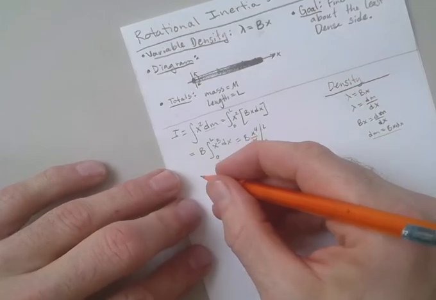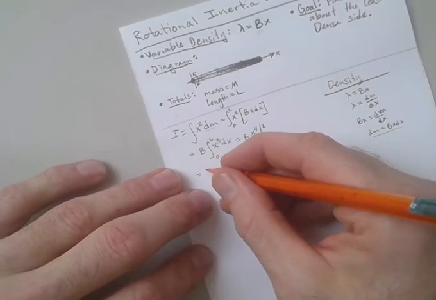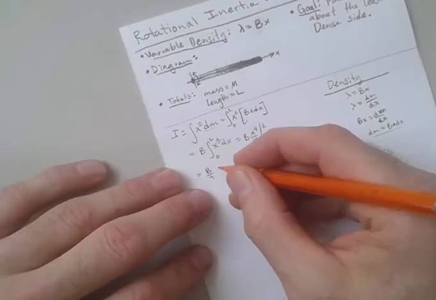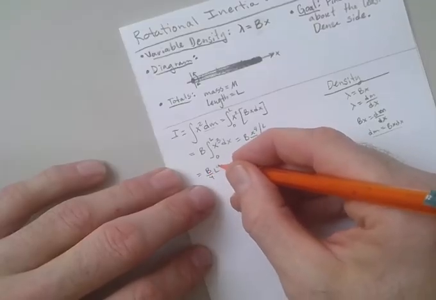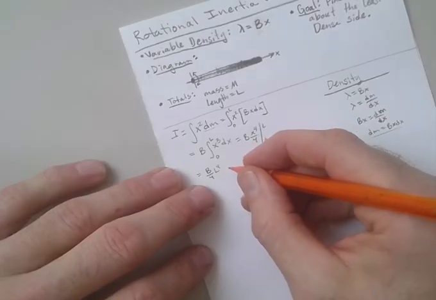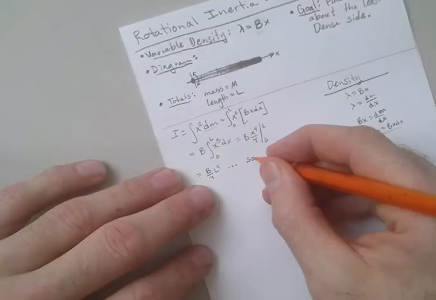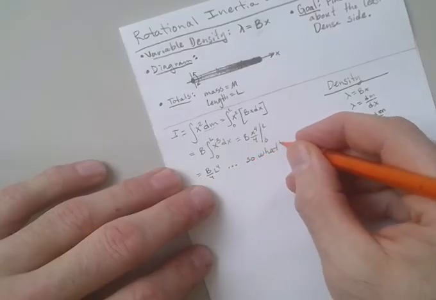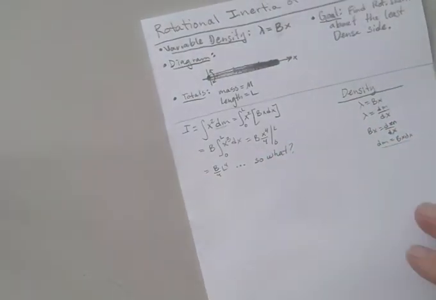And out of that I can get bL to the 4th over 4. But so what? What does that actually mean?